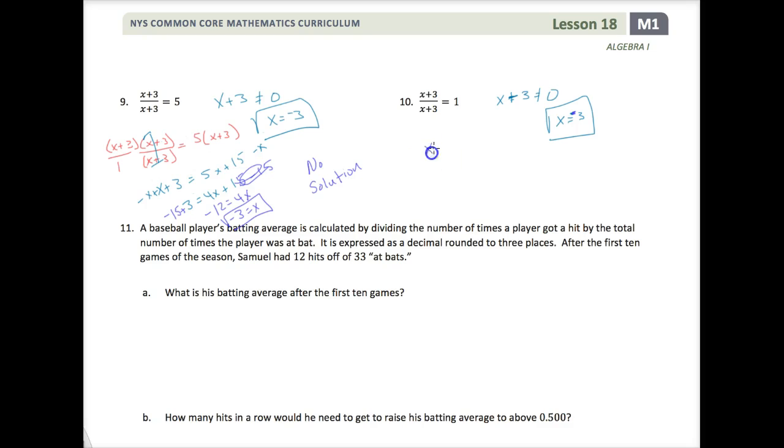Let's see what happens. X plus 3 over x plus 3 equals 1. Multiply both sides by x plus 3. And we've got another 1, and we end up with x plus 3 equals x plus 3.